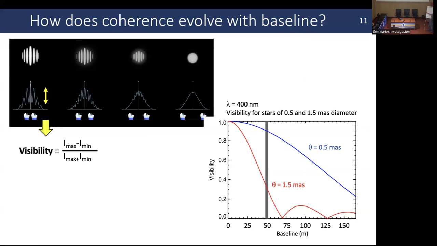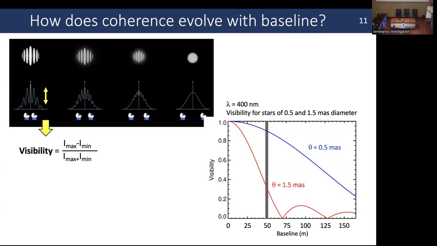And by measuring how this visibility decreases with baseline, this is what is shown here, visibility as a function of baseline, there's a characteristic pattern in this evolution with baseline, and the width of this pattern in baselines gives you an idea of the diameter of the star.